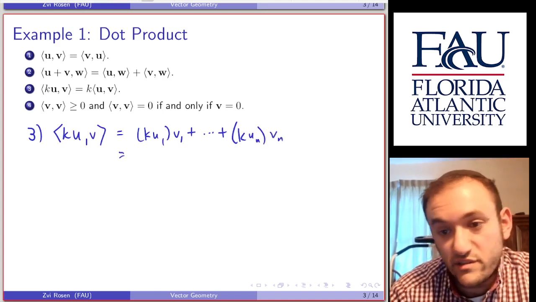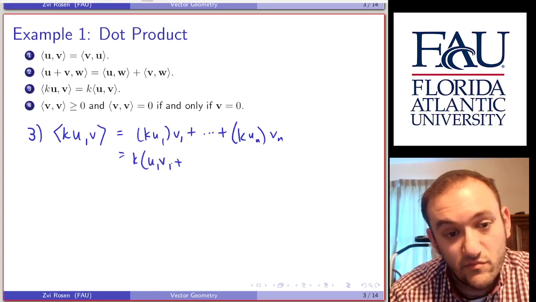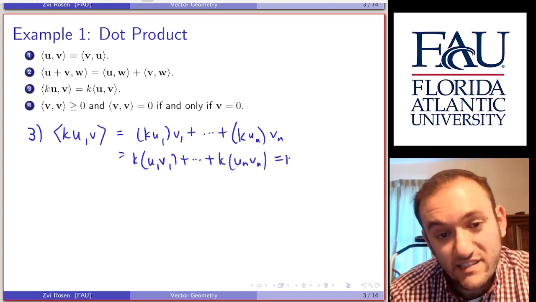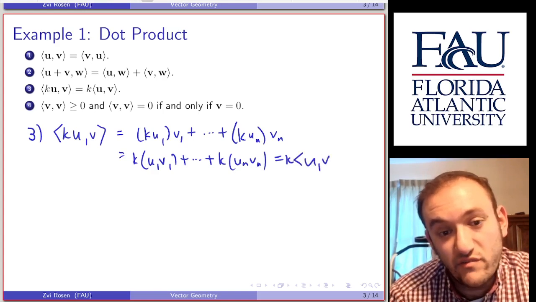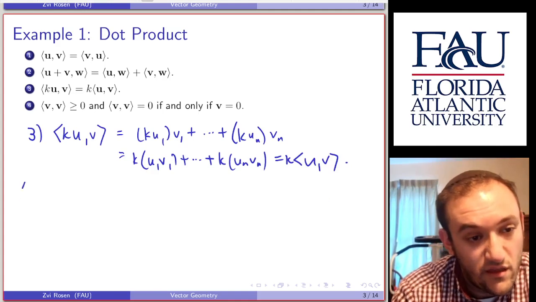But by associativity of multiplication, this is the same thing as k times u1 v1 plus up to k times un vn. So I can just factor out the k, and what's left is the inner product of u and v, the dot product of u and v, so it has homogeneity as well.